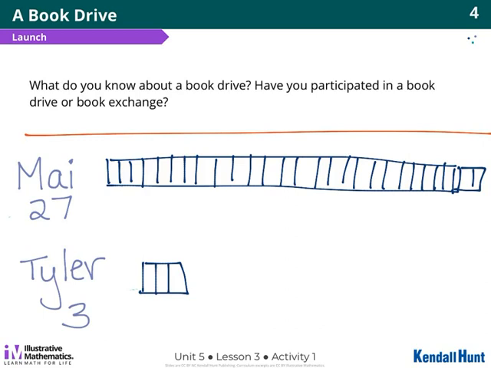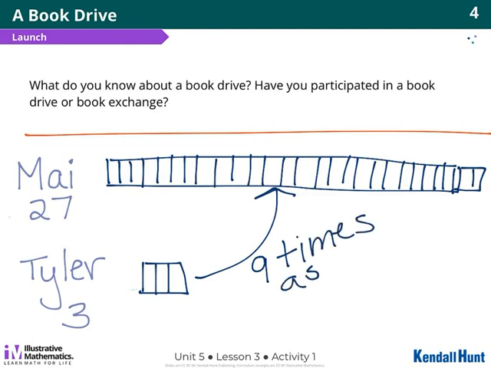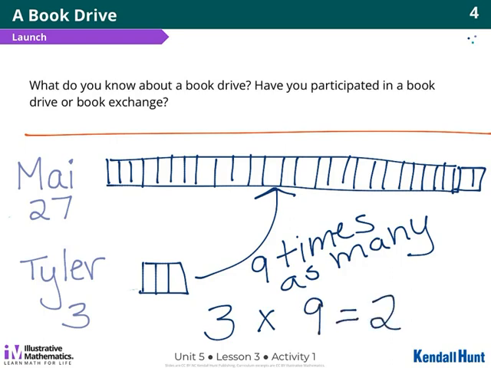But then I can clearly see, okay, Tyler, he's got way less, but Mai has 9 times as many. Which, if I'm going to write my equation, I would say 3 times 9 is 27. Does that make sense? Okay.